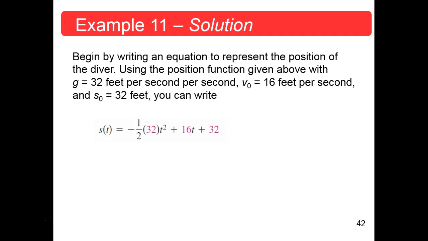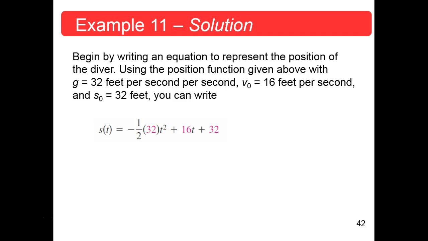Begin by writing an equation to represent the position of the diver using the position function given way back, with g equal to 32 feet per second squared, V0 is 16 feet per second, S0 is 32 feet.